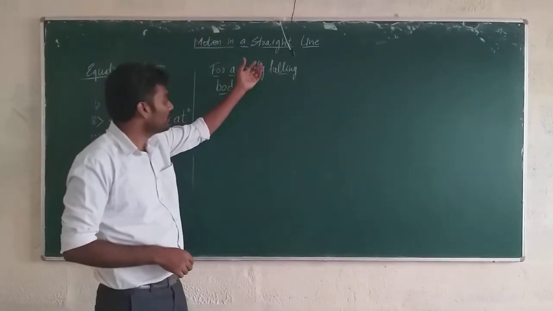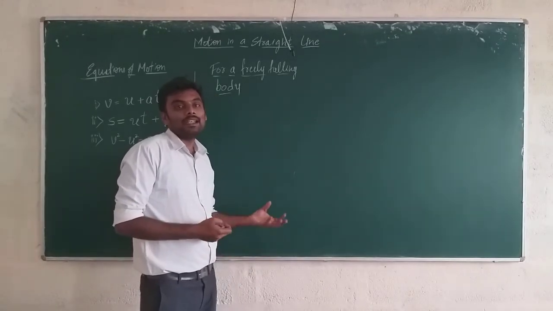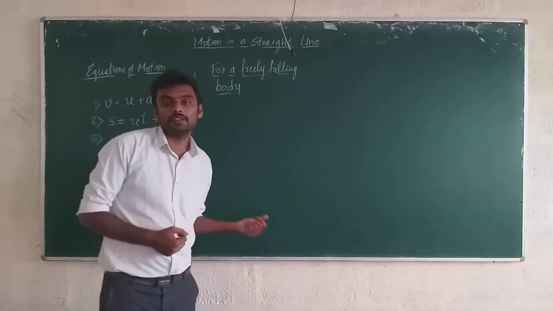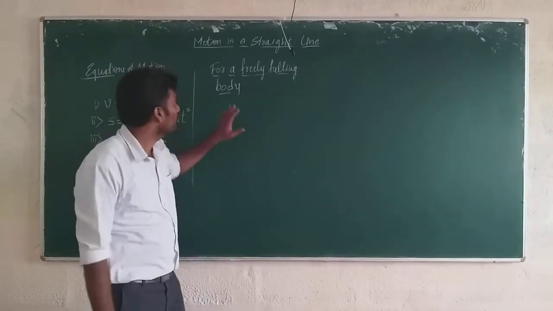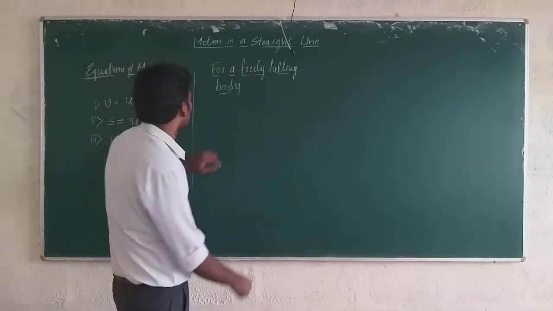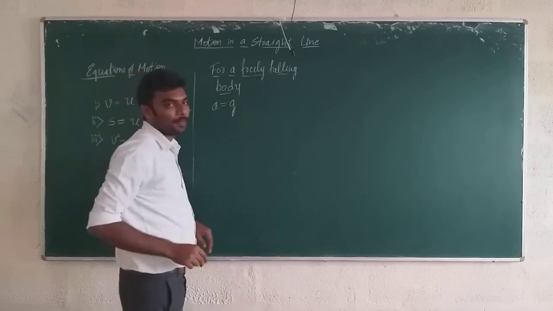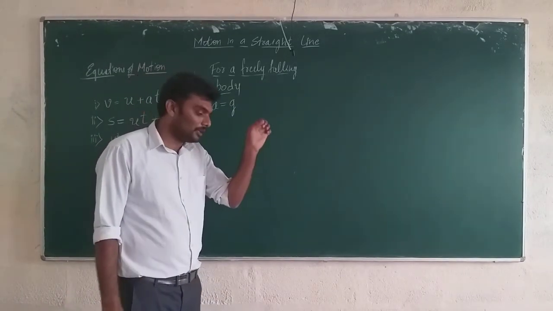When the body drops downwards, it will be pulled by the earth with the acceleration of g, right? When the body falls downwards, a becomes equal to g. That's the only difference that we see when the body drops downwards.